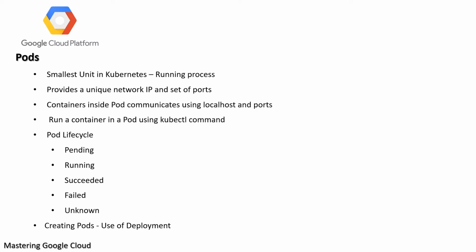At least one container is either running or in the process of starting or restarting. Succeeded. All containers in the pod have terminated successfully. Terminated pods do not restart. Failed. All containers in the pod have terminated and at least one container has terminated in failure. A failure means the container exits with a non-zero status. And Unknown. The state of the pod cannot be determined.